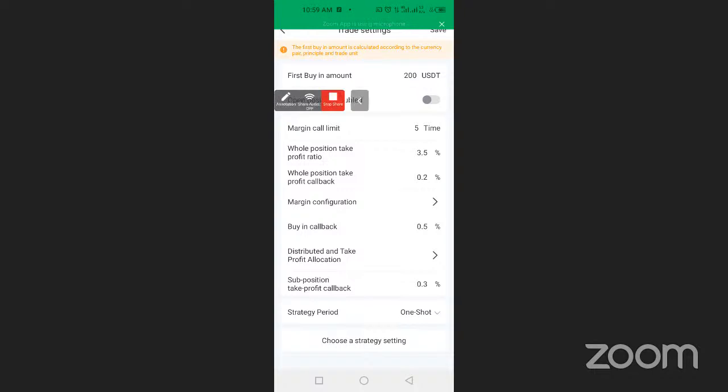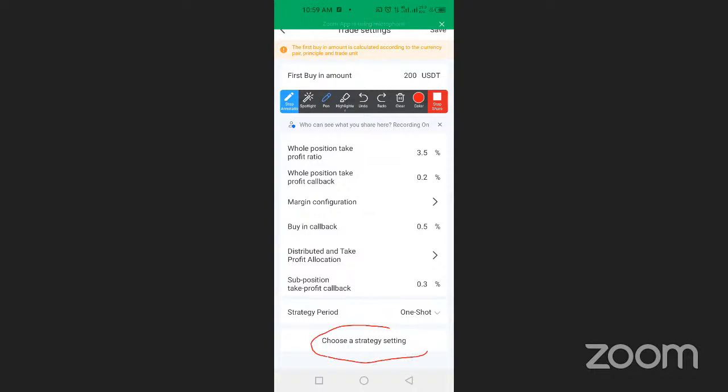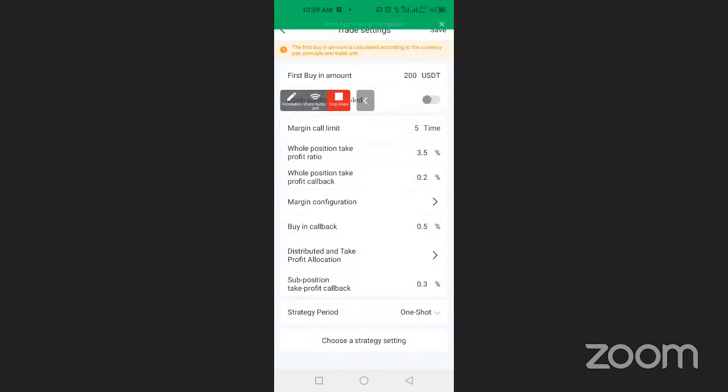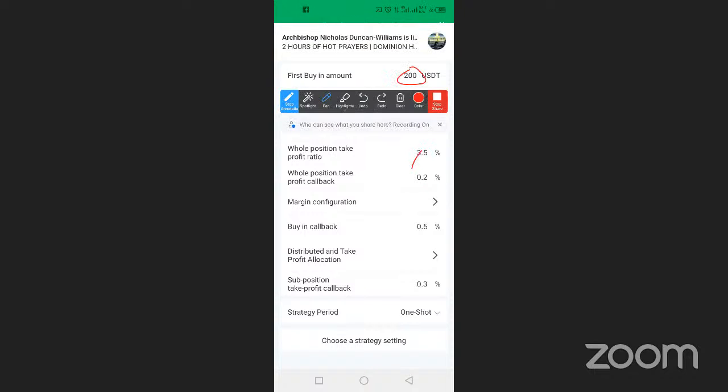You see something like this, because I want to save that setting in my strategy so that in case another day you can pick it and add. But if you don't want to save it, you can start editing here, put all those figures here.